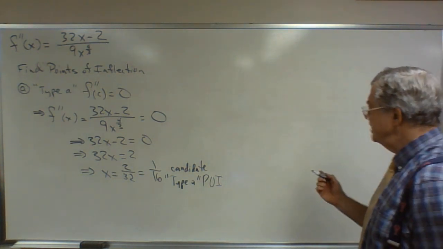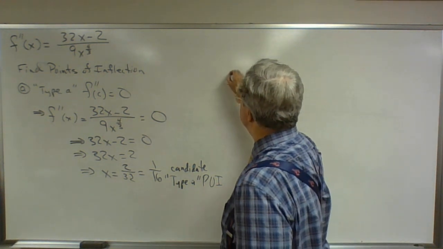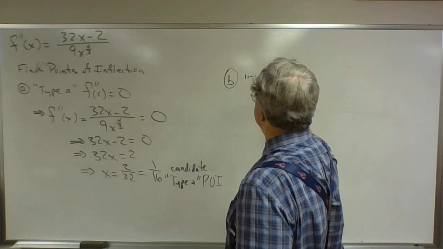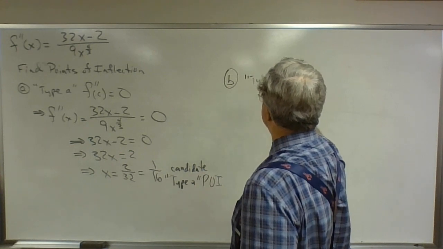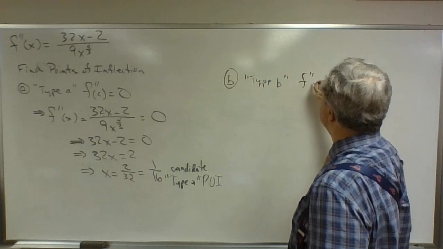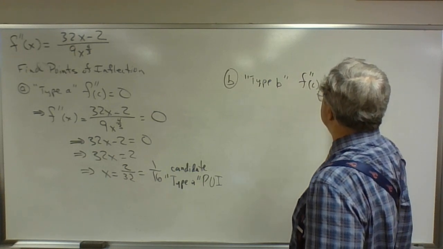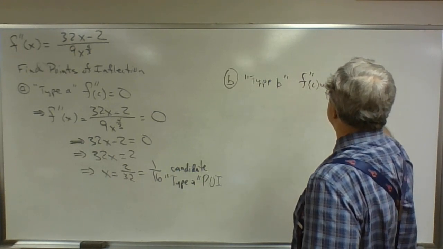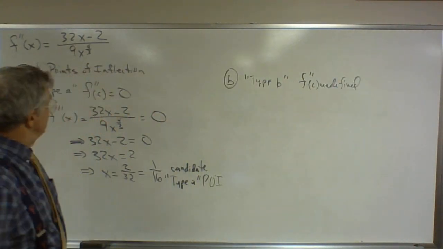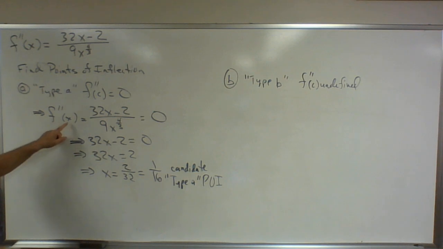Now let's find type B. Note that our second derivative is undefined exactly when the denominator is 0.